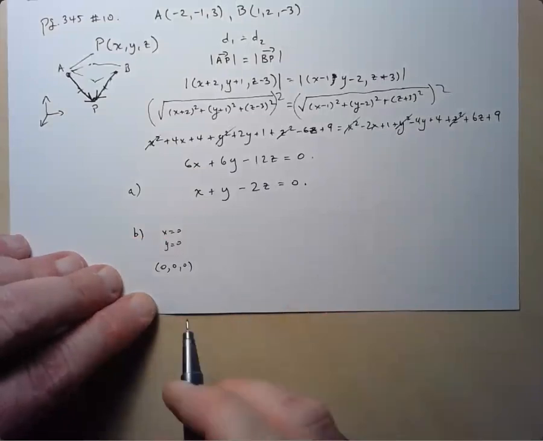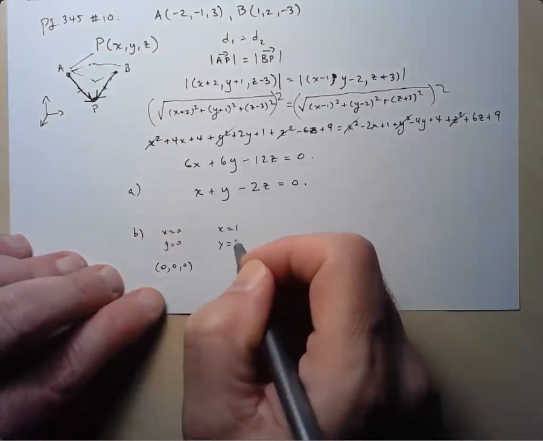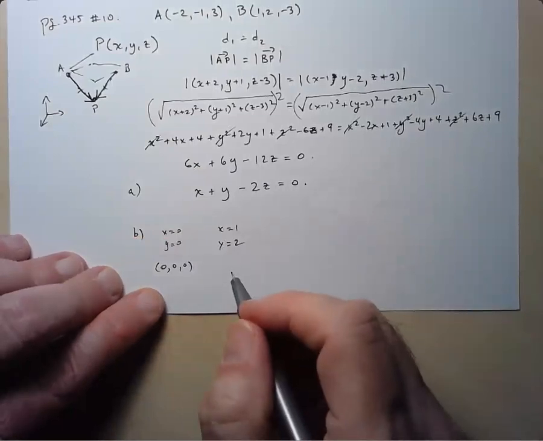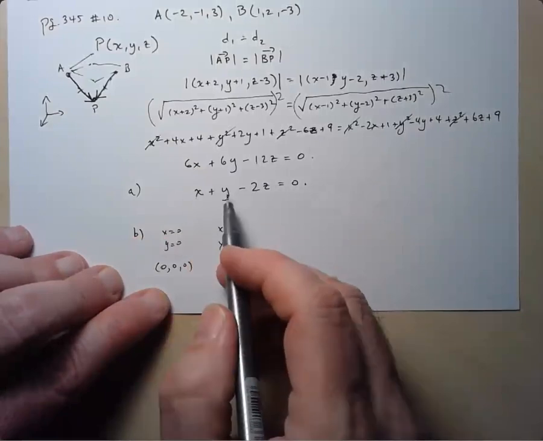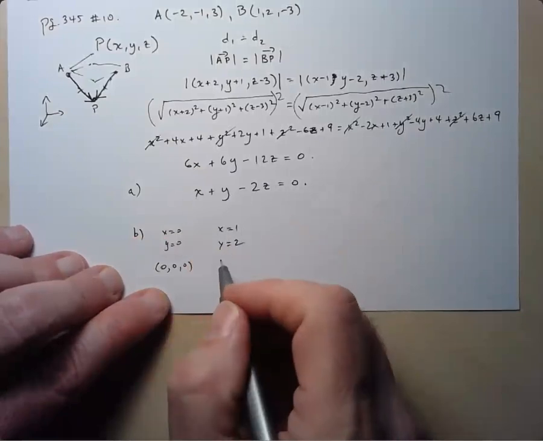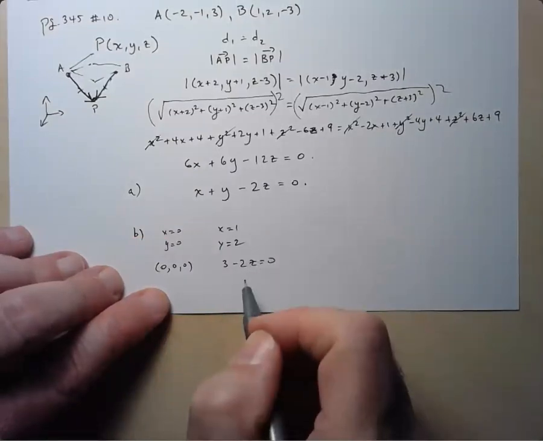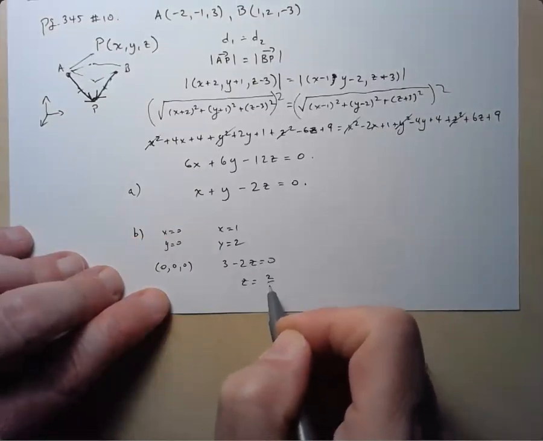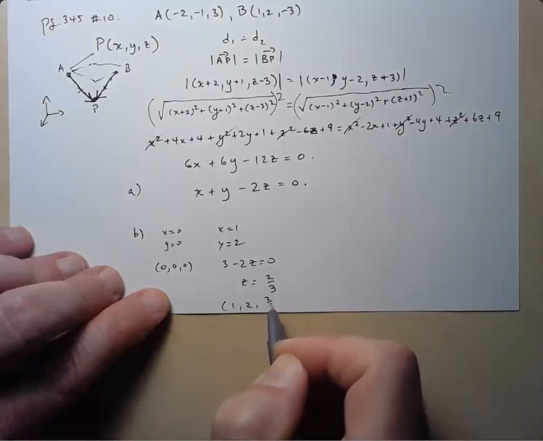And I could just keep doing this. Let's say x is equal to 1 and y is equal to 2. I could pick anything I like. So what happens here? We have 1 plus 2 is 3. So we have 3 minus 2z equals 0. So z would be equal to 2/3.